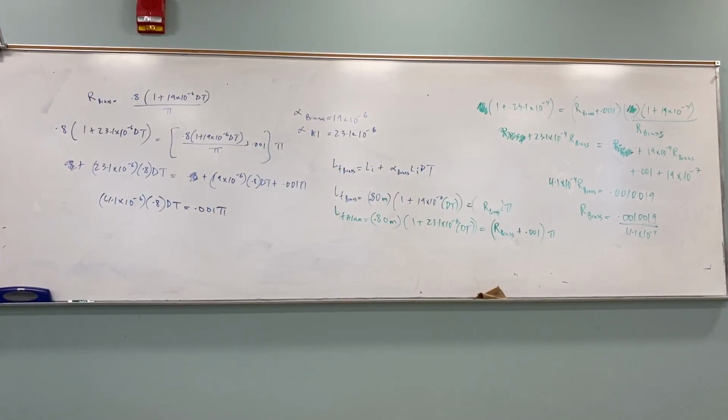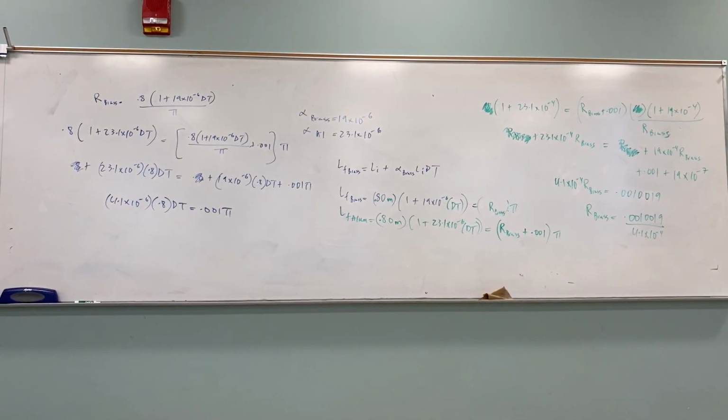So it's a 2 equation, 2 unknown system of equations. So let's see here. From there we get 0.001 times pi divided by 0.8 divided by 4.1.